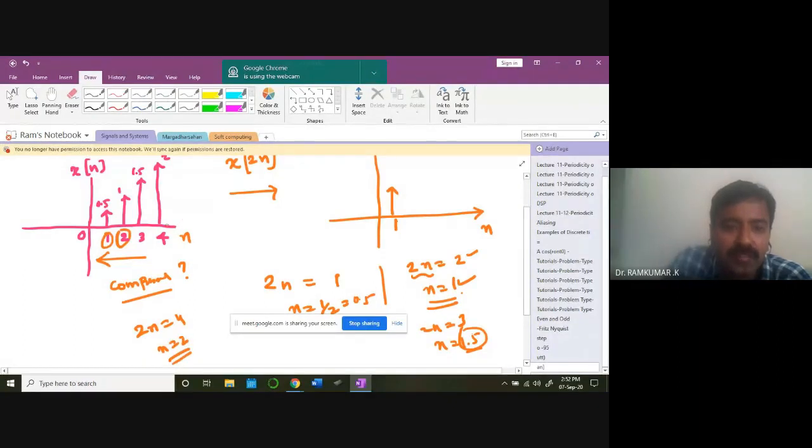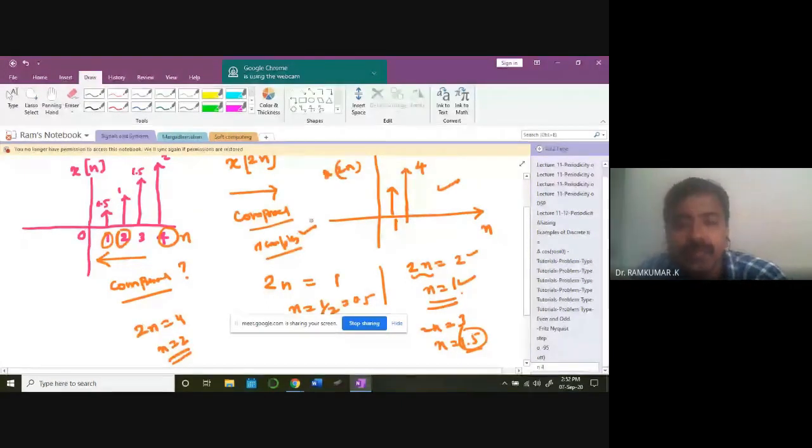So the fourth sample is going to come at the second sample. Is it clear? Definitely it is compressed, but you are missing some samples. Getting the point?